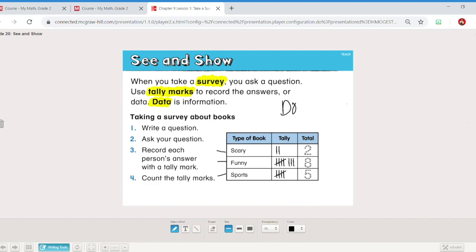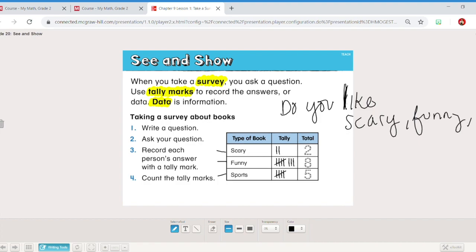So I would say, do you like scary, funny, or sport books? I would make sure to ask all my people the same question so I can get consistent data.